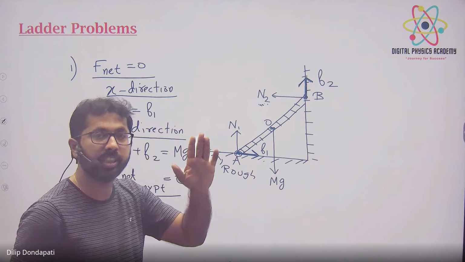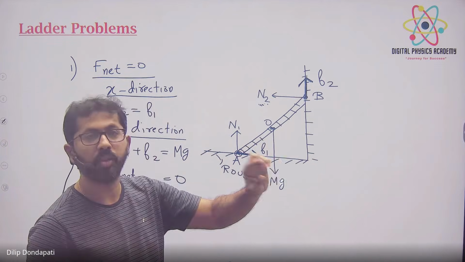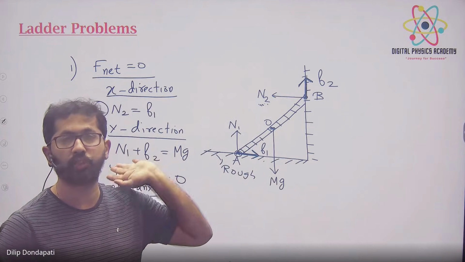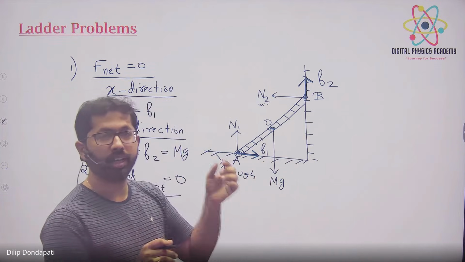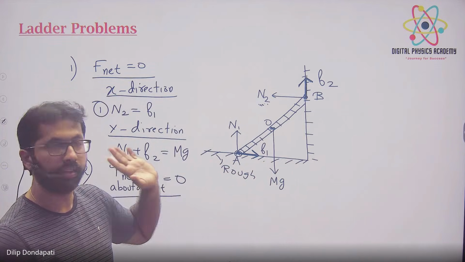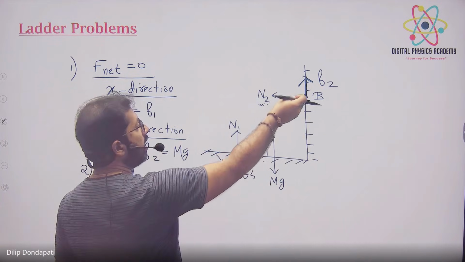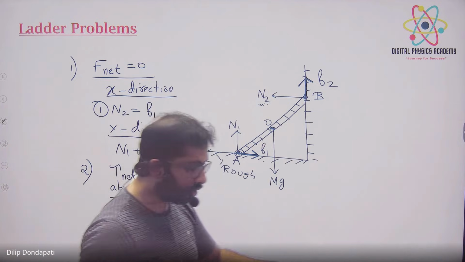That's why hinge type of forces में, आपको about that point only we are taking, so that we can eliminate hinge forces. कभी भी contact में hinge forces को we are eliminating, wantedly we are taking torque about that point only, so that we are not considering that force there. So directly when we form the equation, directly N2 आ जाएगा. So net torque about any point equal 0 करके we have to solve the question.